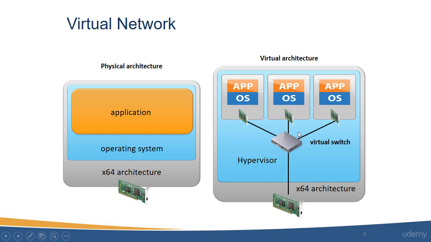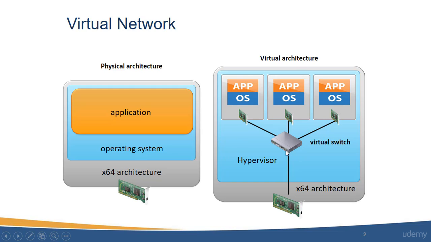And the beautiful thing, the benefit that we get, is that we have a connection between those virtual machines without needing another piece of hardware like a switch. As you will see here, the hypervisor creates a virtual switch and lets those virtual machines connect to each other through the virtual switch, virtual network adapter, and virtual cable.